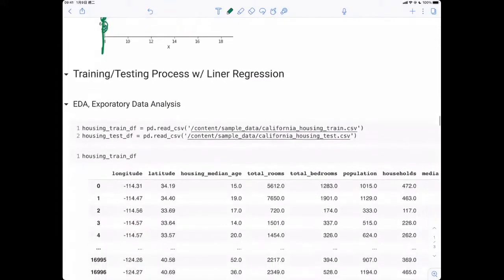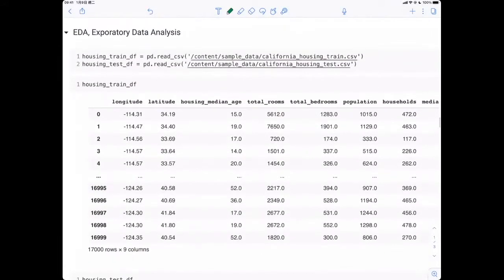Okay. So let's take a look at a real-world example. Before we do the analysis, as I mentioned, we have to observe those data, right?